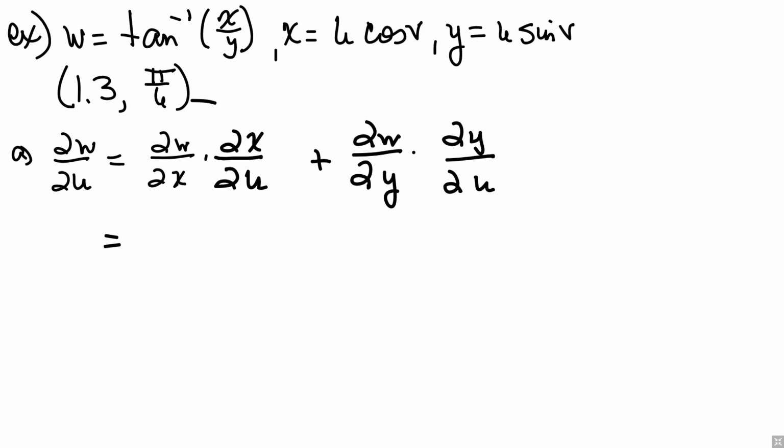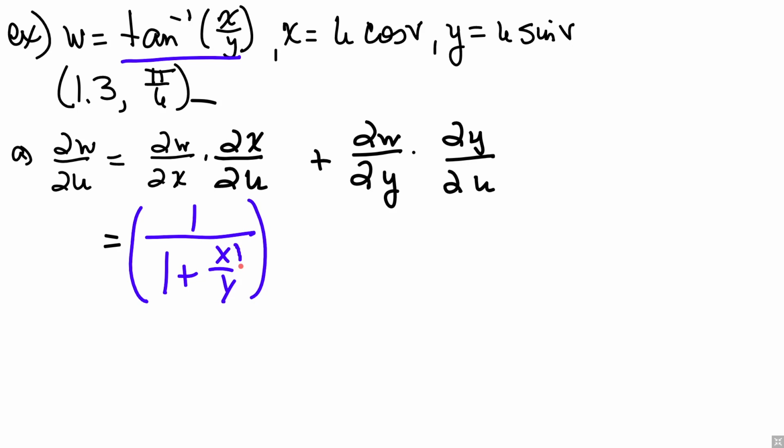Okay, so let's take a look at what this is going to come out to be. If I take a look at the first piece, so if I take the partial of w in respect to x, what I'm going to end up with is 1 over 1 plus x over y squared, times the derivative of the inside.